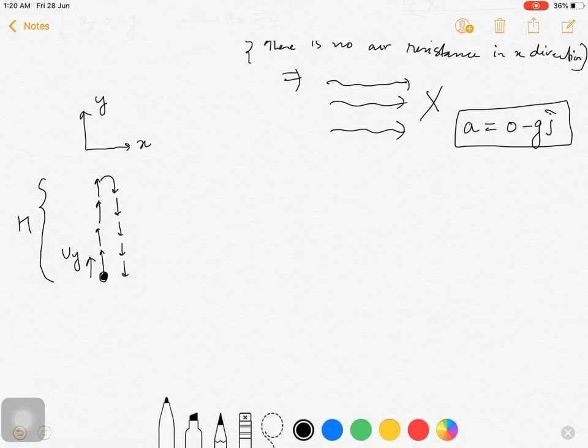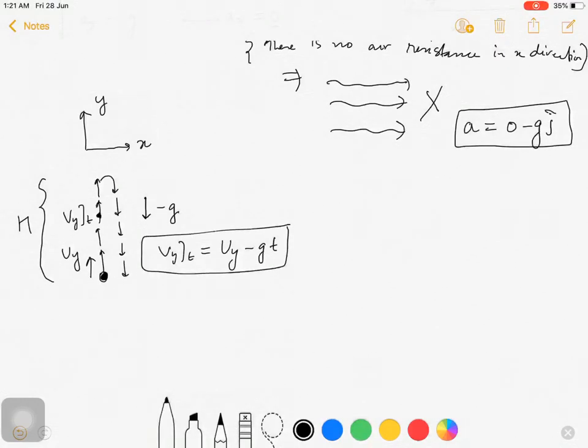In y direction there is acceleration minus g, due to which the velocity is decreasing. So at a particular instant of time t, the velocity is, let us say, vyt, which is nothing but uy minus gt.